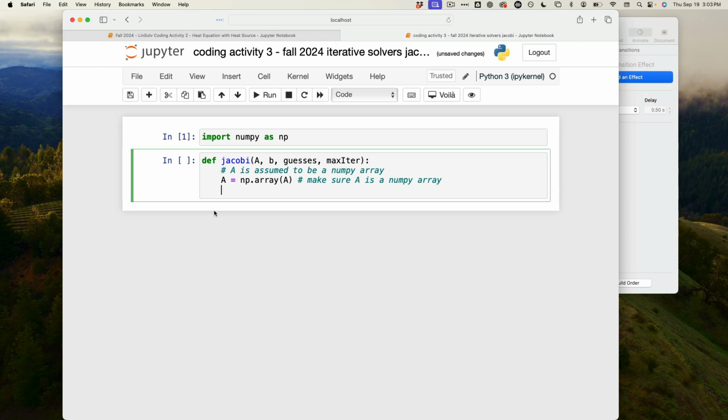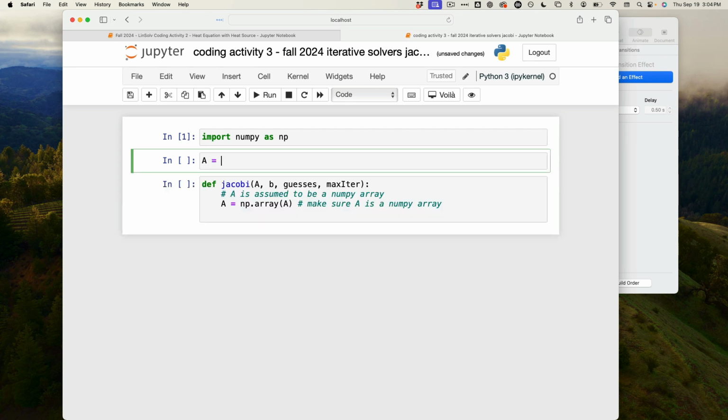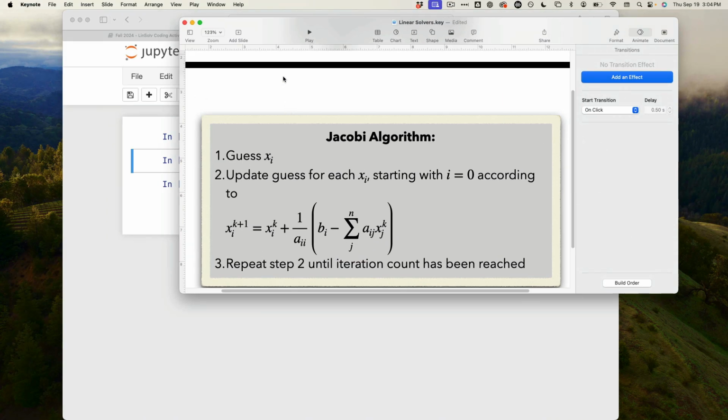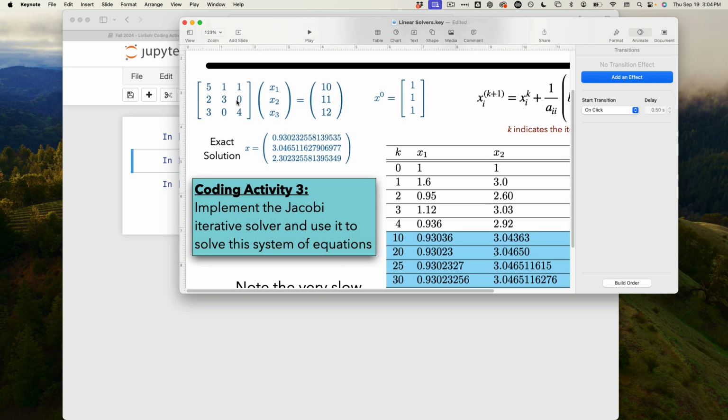So how do we get the number of rows and the number of columns? There's a little utility in NumPy arrays. Suppose I have A equal, let's build this matrix here. It's 5, 1, 1, 2, 0, 0, 4.